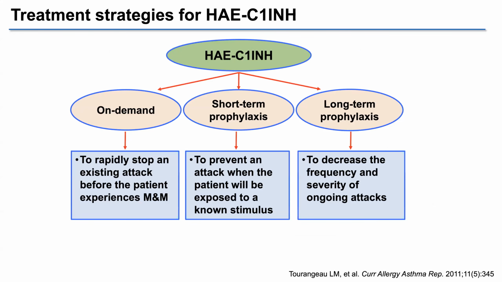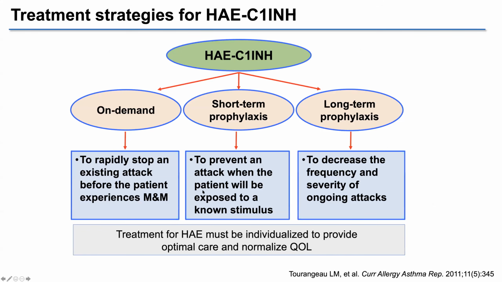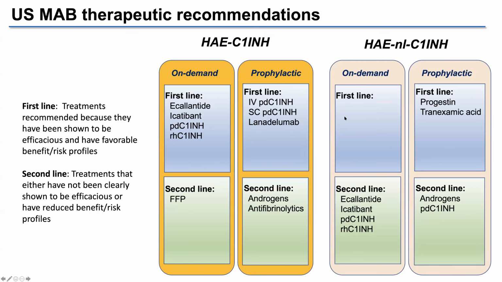Let me finish, now that I'm out of time, talking about treatment. Everybody knows about on-demand versus prophylaxis. I would say for HAE C1 inhibitor, we would distinguish between first line and second line. First line, currently C1 inhibitor, whether plasma-derived or whether IV or subcutaneous, and lanadelumab.